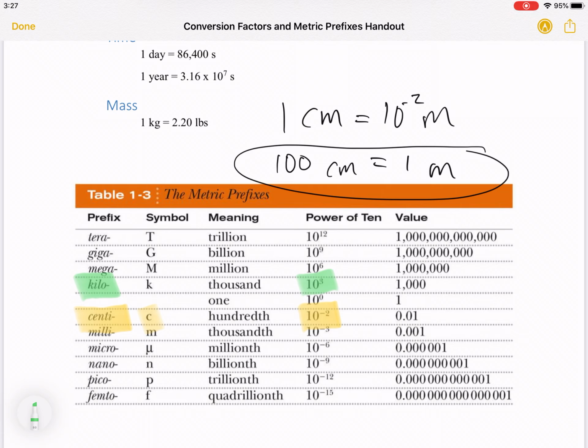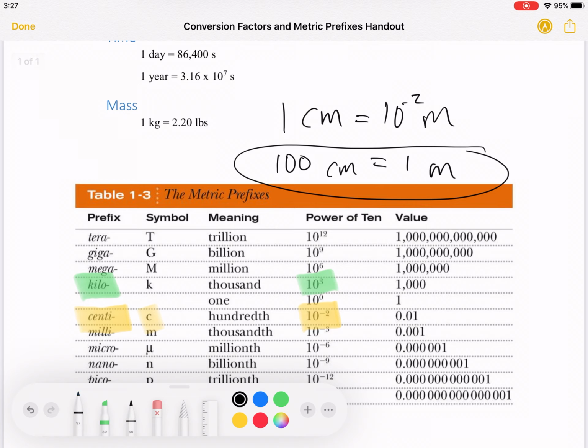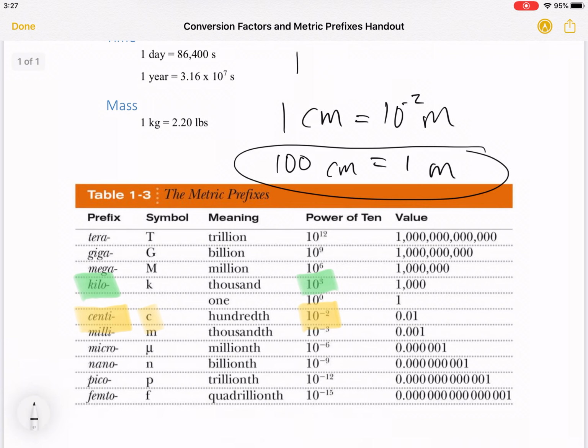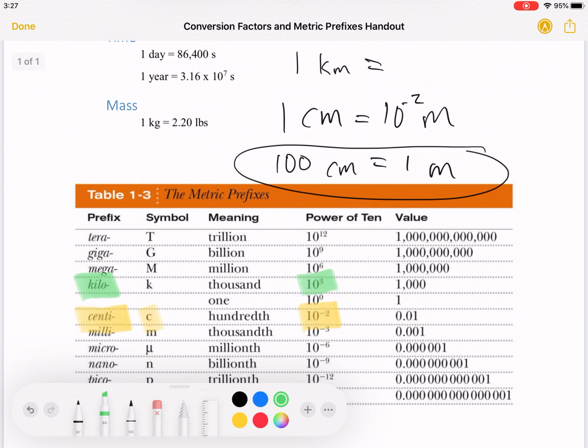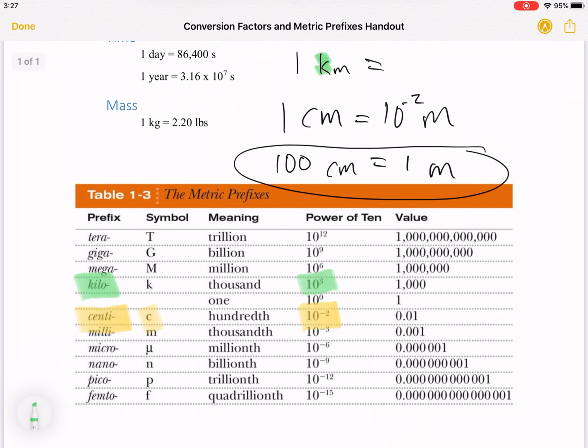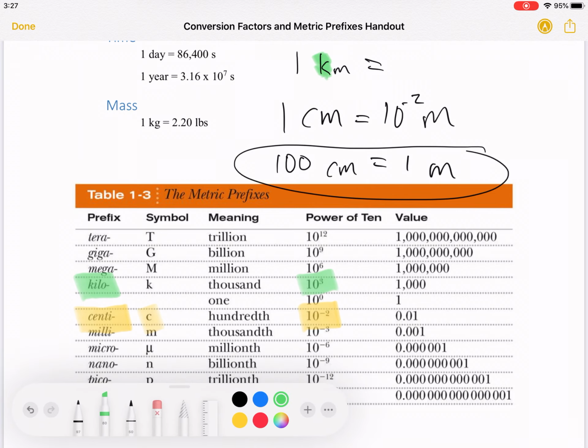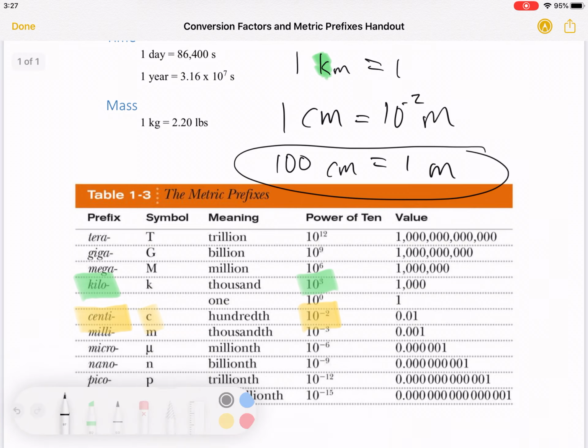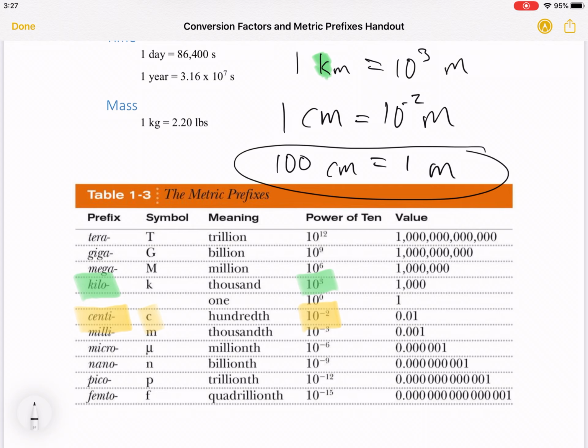So I could write out the conversion factor here. Let's do 1 kilometer equals how many meters? The kilo, that K, I'm just going to replace with this 10 to the 3. So that's 10 to the 3 meters. But 10 to the 3 is 1,000, so 1 kilometer is 1,000 meters.